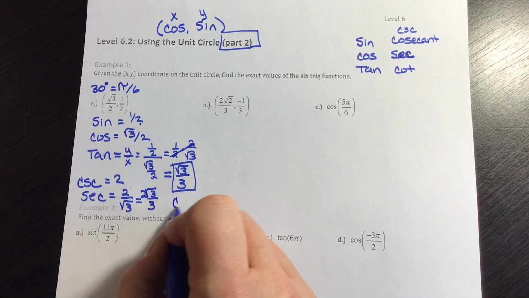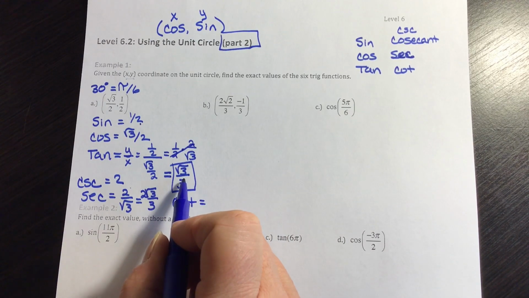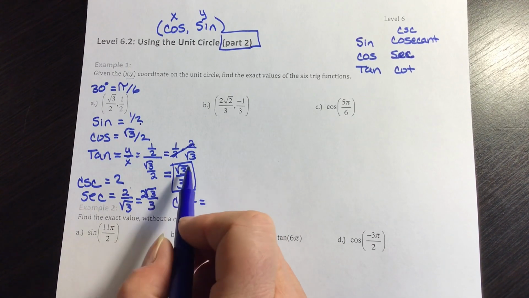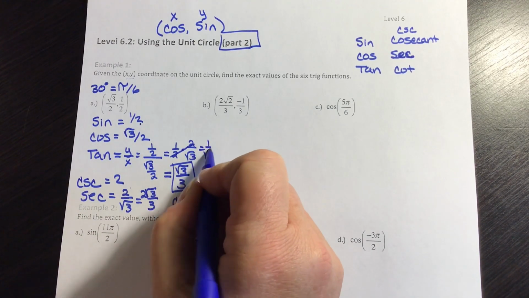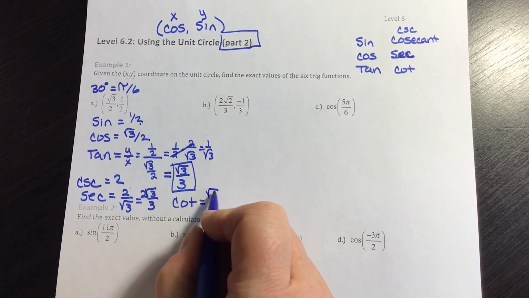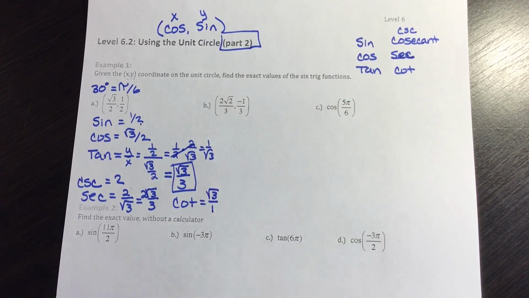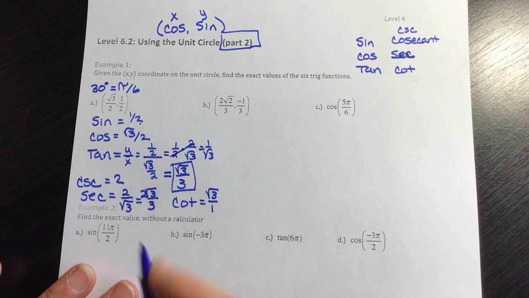And then cotangent is going to be the reciprocal of this. Tangent is 1 over square root of 3, so this is just going to be the square root of 3 over 1, or the square root of 3. All right, so there are the 6 trig functions.